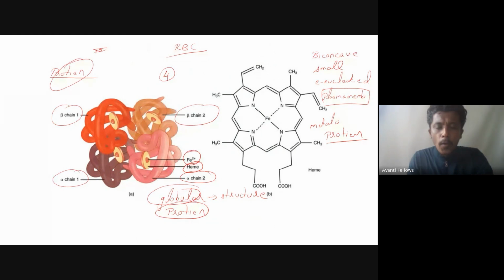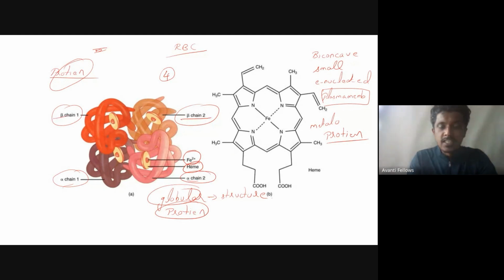When you talk about protein, protein is made up of peptide chains. If I look at the hemoglobin protein, it is made up of 4 peptide chains, named alpha chain and beta chain.